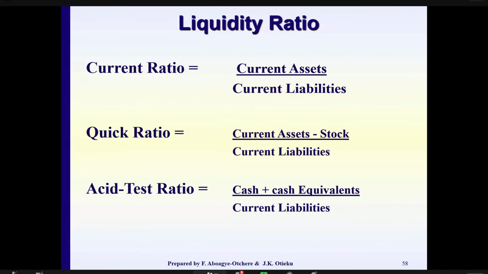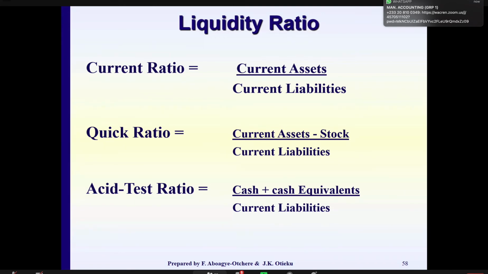Now, the quick ratio is a refinement of the current ratio. So we're looking at how we are closer to using assets that can be converted and its coverage of current liabilities.